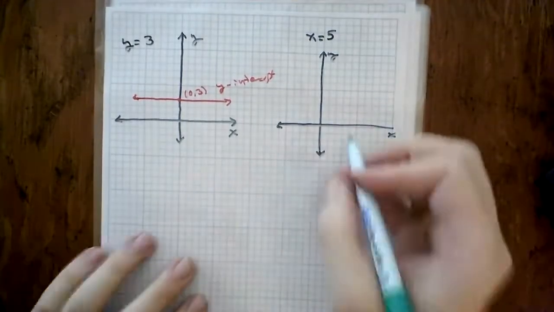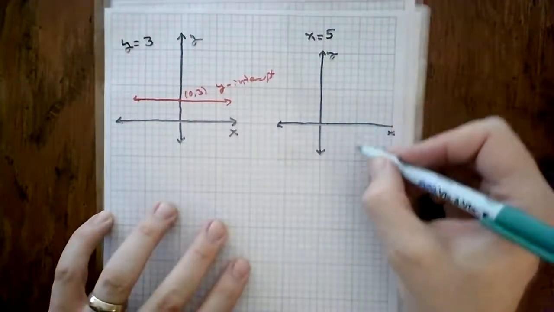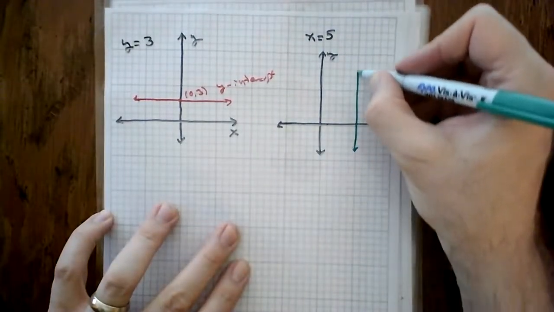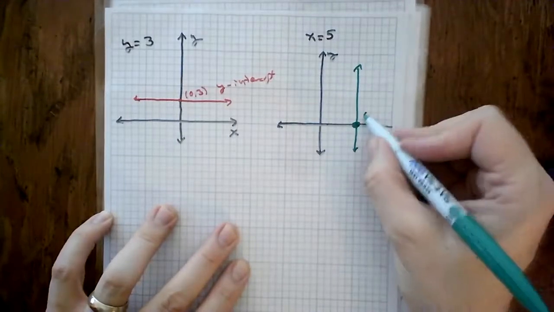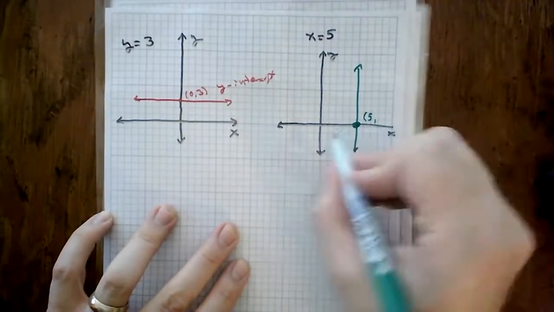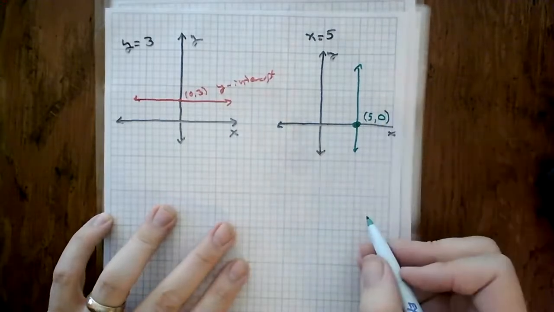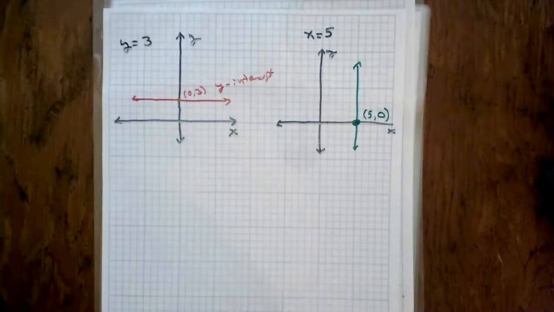So I will just count my way over to 5. 1, 2, 3, 4, 5. And x stays constant. My x-intercept here is 5, and everywhere along the x-axis, y is equal to 0. Cool. Let's do it again.